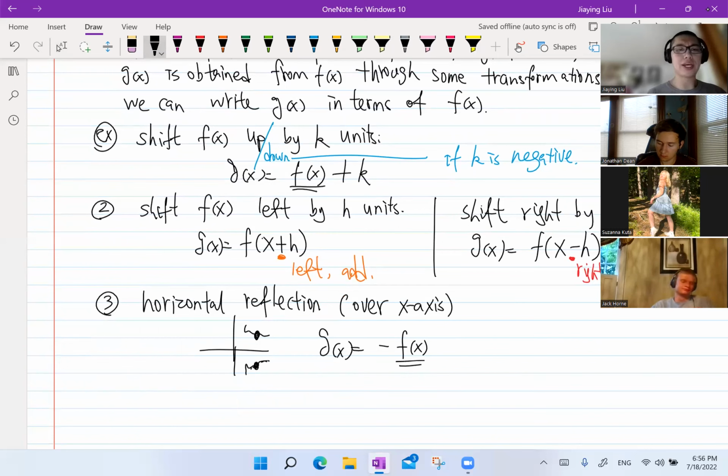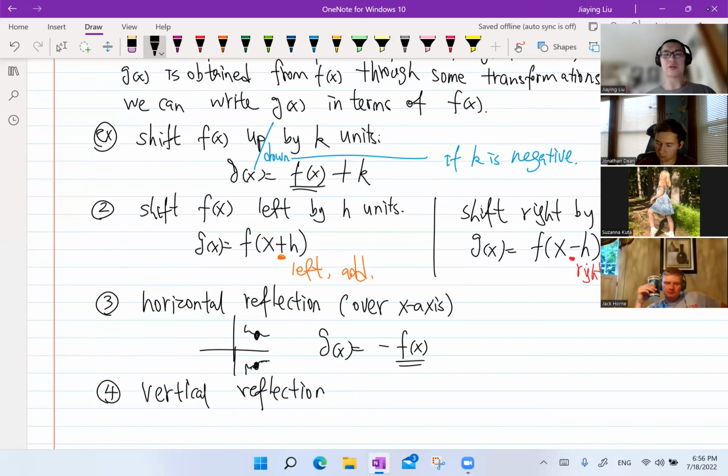And then the next thing we have is vertical reflection, which means we reflect vertically. Wait a minute, actually, let me see, I might have confused those. Horizontal reflection, reflect horizontal. Oh my goodness, that's what I hate.